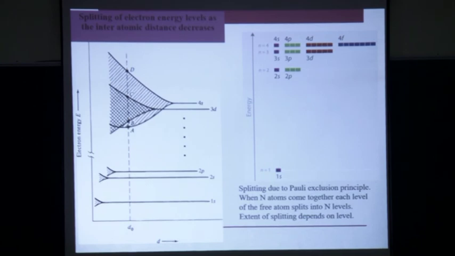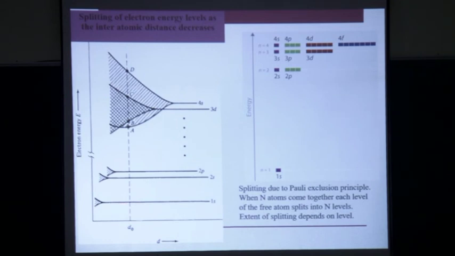What you have in reality is some splitting of the electron energy levels as the atoms come closer and closer. Due to the Pauli exclusion principle, they cannot occupy the same quantum state, so it has to split, it has to broaden. It broadens and forms these kinds of structures, right? So 1s will broaden here, 2s, 2p.